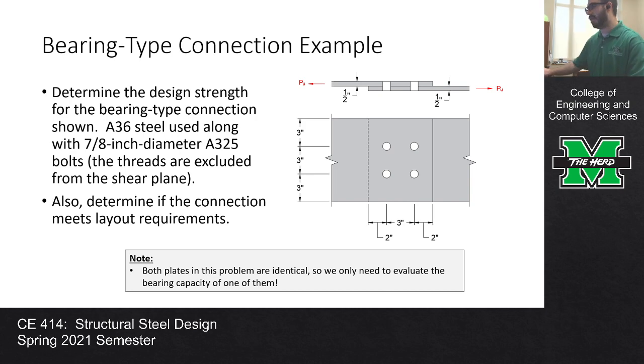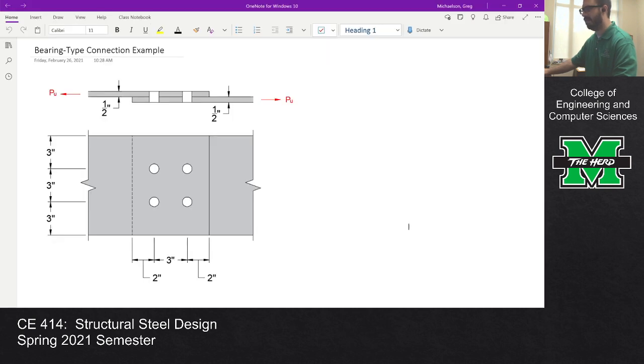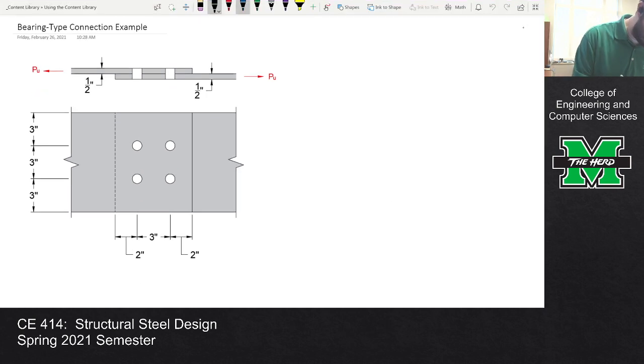With that, let me go ahead and get out of the slideshow. Let's see, we're going to stop this share and then share this. All right, so everybody should see the illustration here. Any questions?